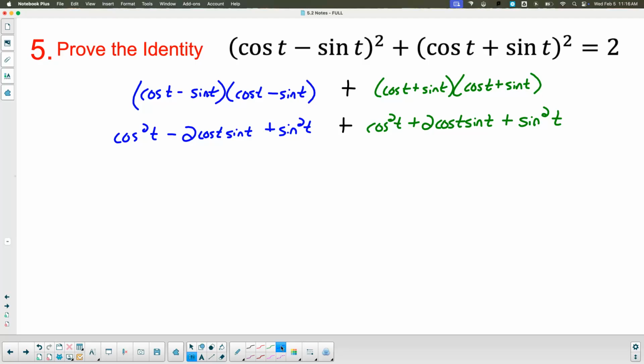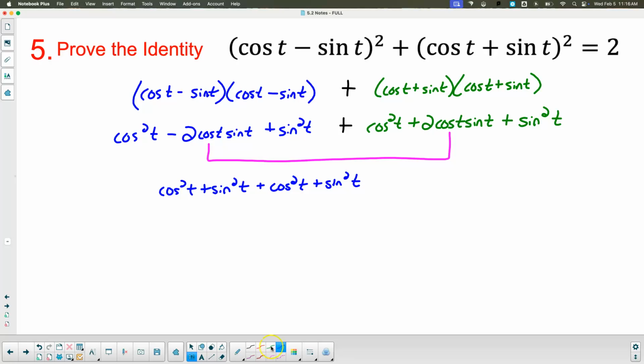The 2 cosine sine t can cancel out. Right? So these two right here cancel out that. Okay, all right, so that's gone. So then that leaves me with, right?